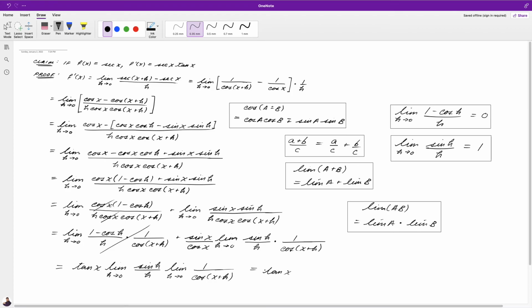That's not going anywhere. Times 1 times, well, what happens as h goes to 0? Well, this goes to 1 over cosine x, which is the same thing as secant x. And we will go ahead and rewrite that using the commutative property as we finish out our proof.